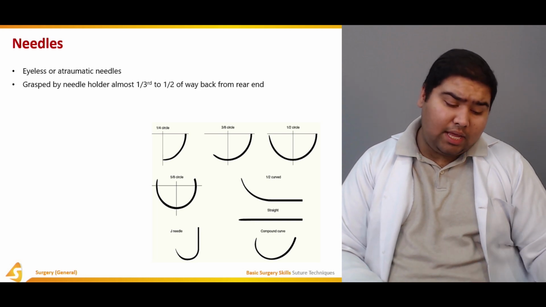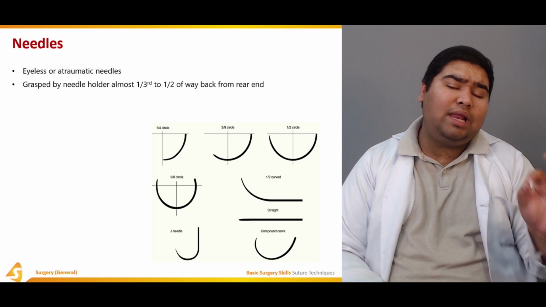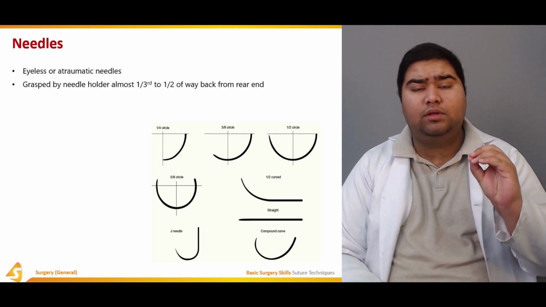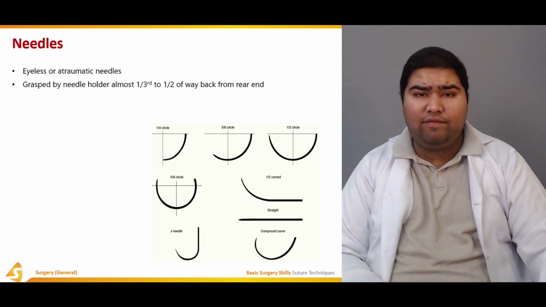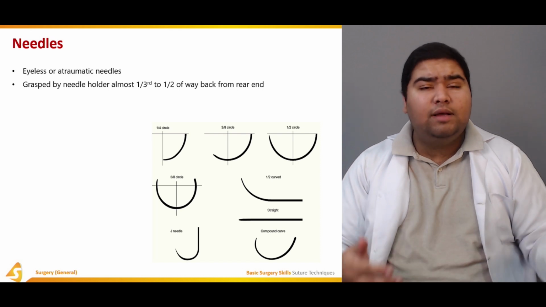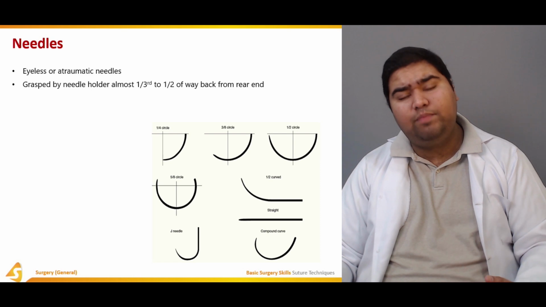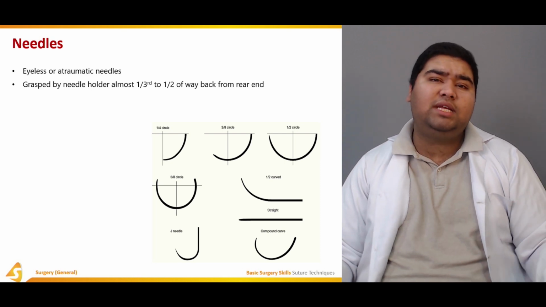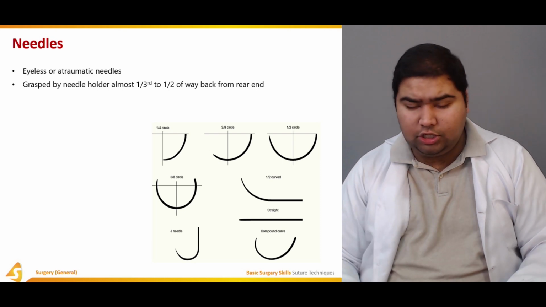Now, the nearer to the tip of the needle you are, you'll secure your area more closely. However, the rotation of your hand would be limited. Further from the tip you are, the rotation of your hand would be greater, but the control of the needle would be lesser. So you have to compromise between the two.